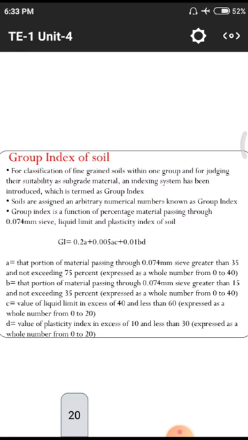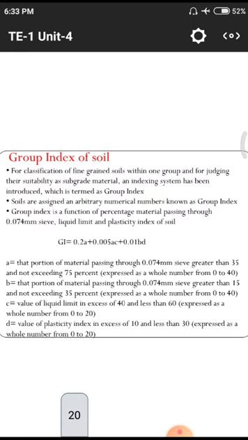After that, C and D. C is the liquid limit. Normally the liquid limit we determine with the Casagrande apparatus. After that, the plasticity index we determine with thread-like rolling. We take the total soil, 100 grams of soil, and add water at 2%, 4%, 6% likewise.